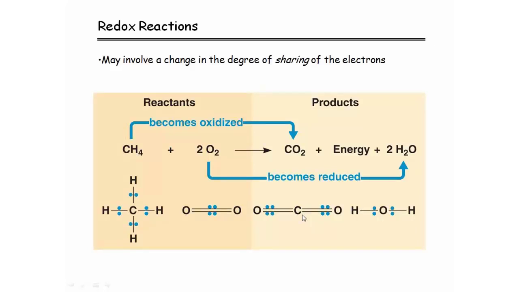And the oxygen gas, if we compare the electrons here when they're in O2 with the electrons when around the oxygen and the water molecule, the oxygen is becoming reduced, or it is gaining electrons. So do be familiar with the fact that electrons do not have to be completely lost or completely transferred from one molecule to another. We can use that term redox when we change the degree of sharing of the electrons.